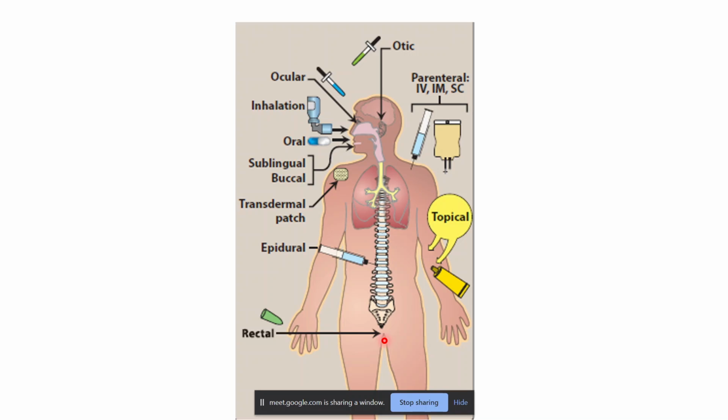Also, rectal administration will bypass the GI tract, and that is why it's useful for anti-vomiting drugs, especially if the patient is vomiting during administration of the drug. But the disadvantage is that most of the drugs will irritate the rectal mucosa, and that will lead to cramps, so the patient doesn't like this route of administration.